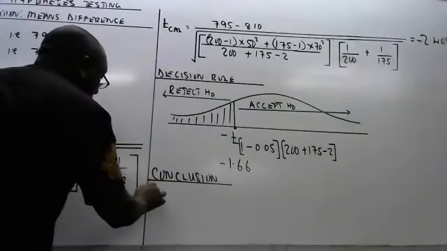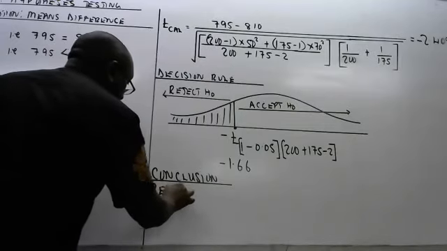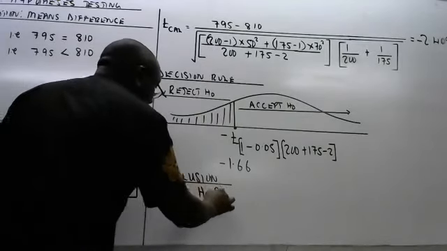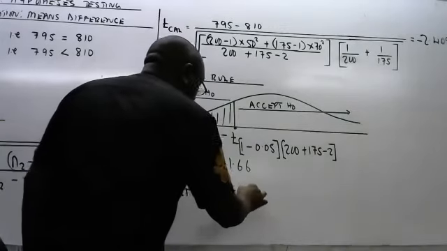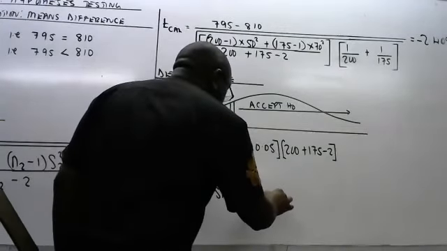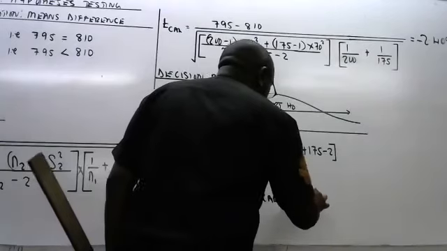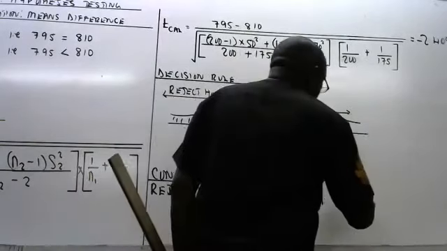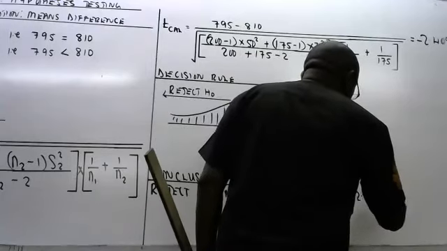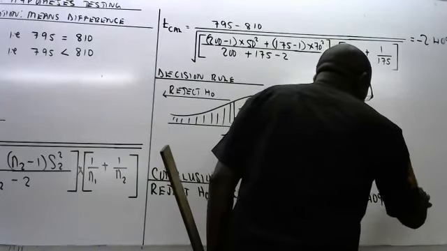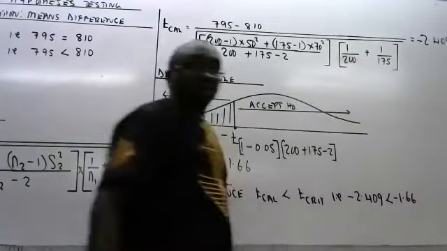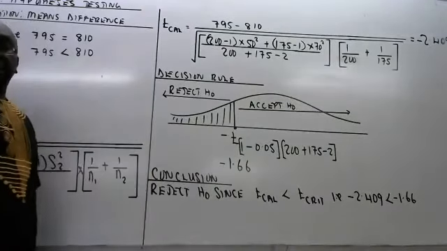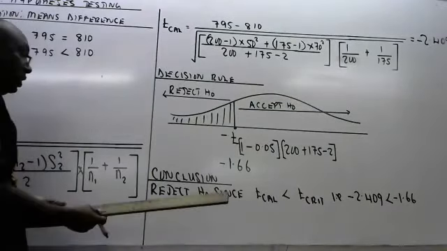We should reject the null hypothesis since t calculated is less than t critical. That is minus 2.409 is less than minus 1.66. So we are going to reject that.